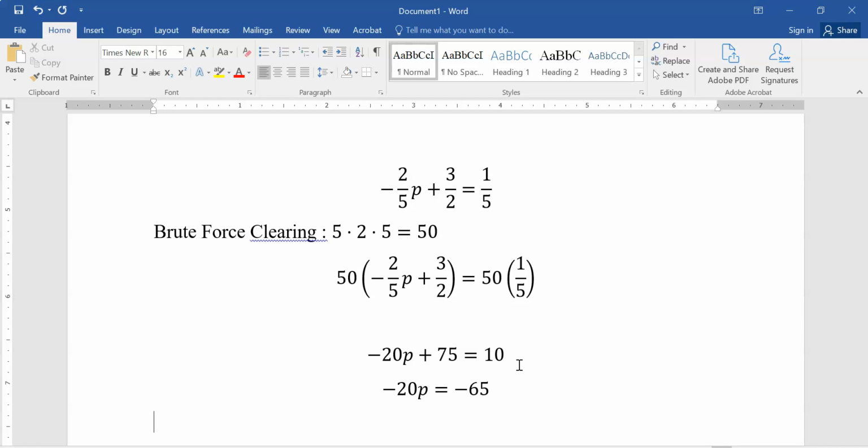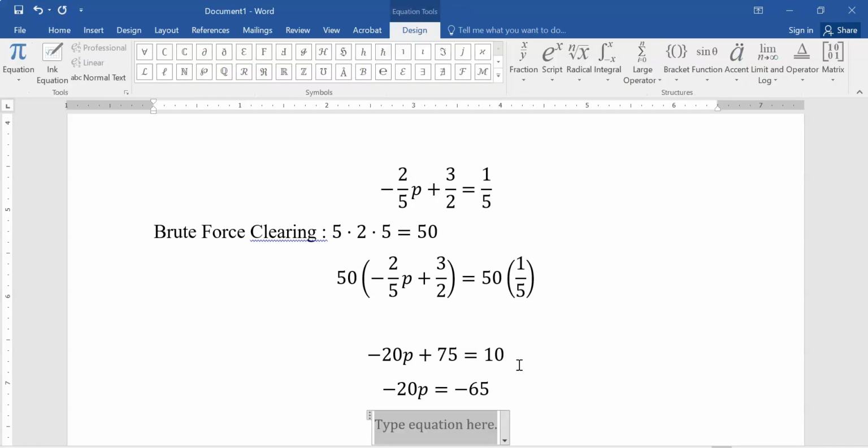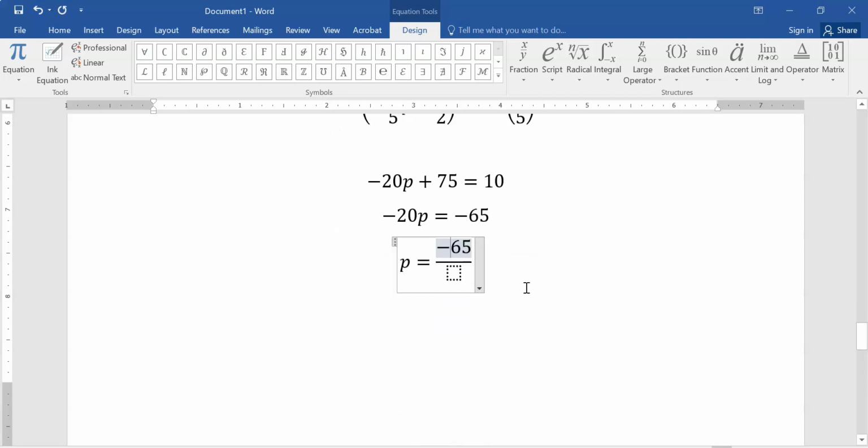When I divide both sides by -20, we end up with p equals -65 over -20.